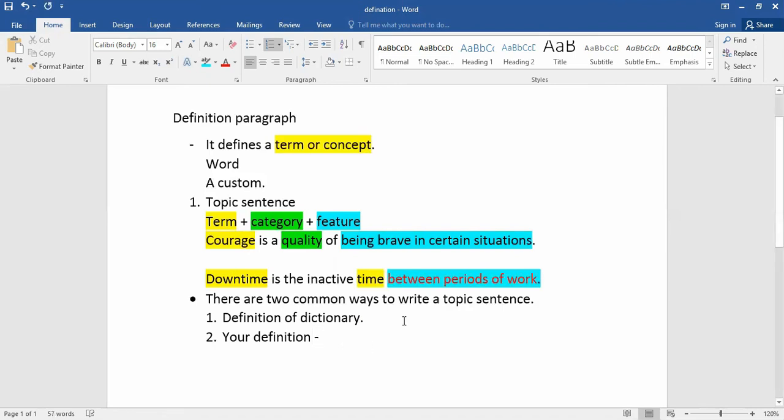Remember that your definition can be different from experts.